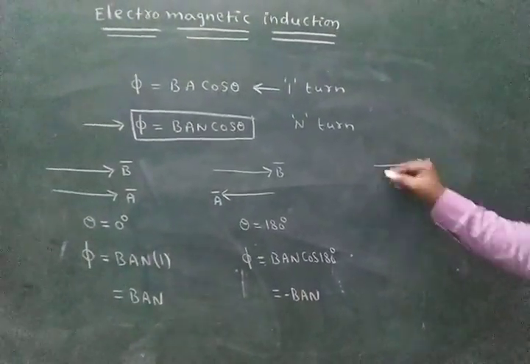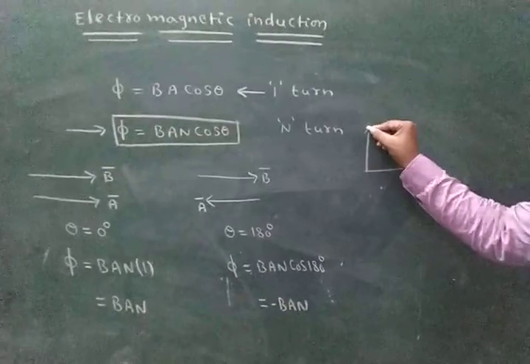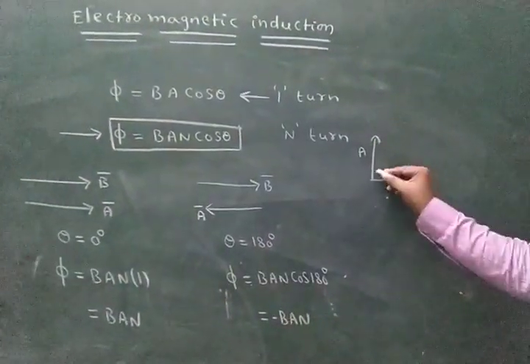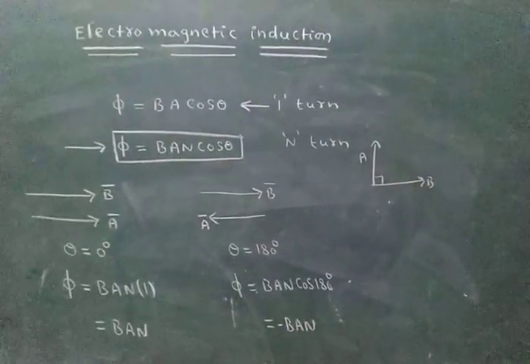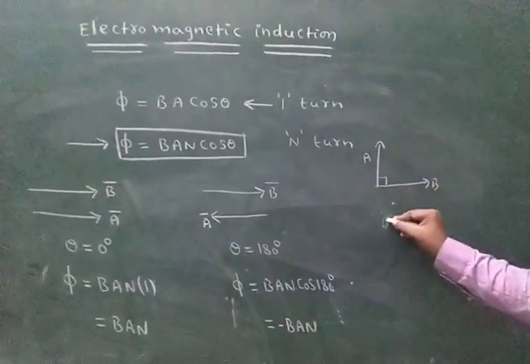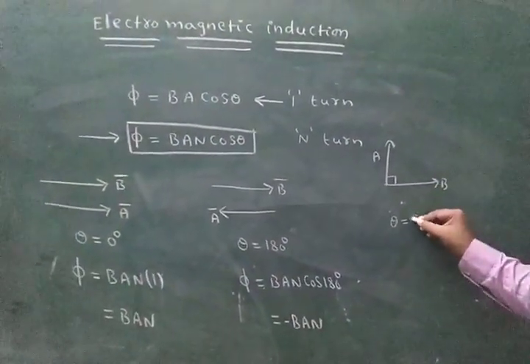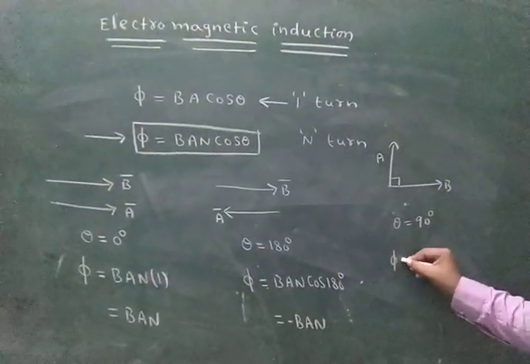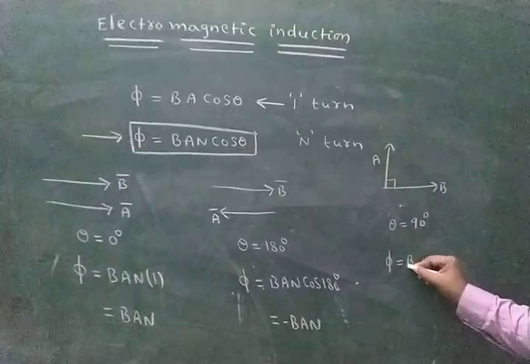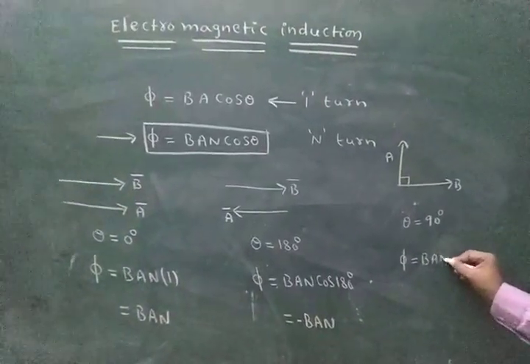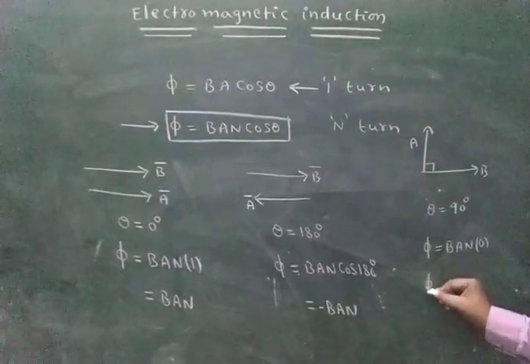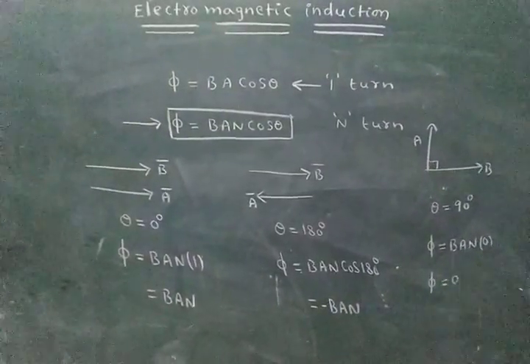Here, the last case: B and A are both perpendicular. Simply, theta is 90. The flux formula is BAN cos 90, which is 0. 0 times anything is 0.